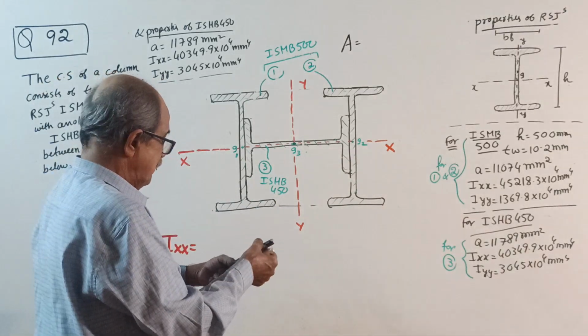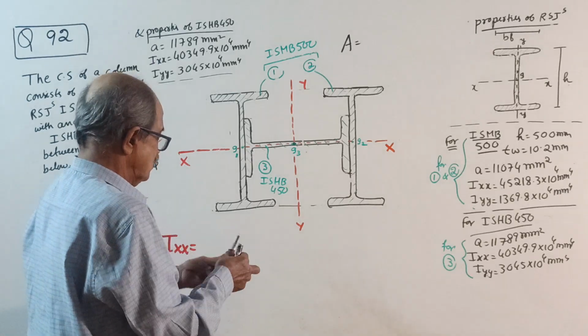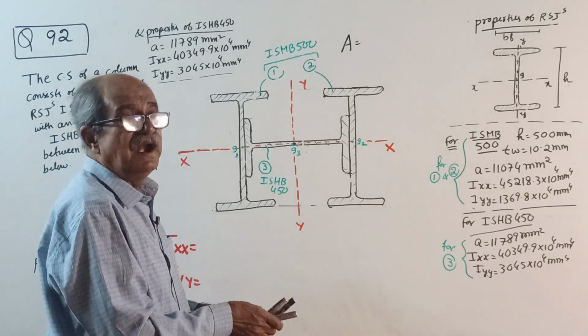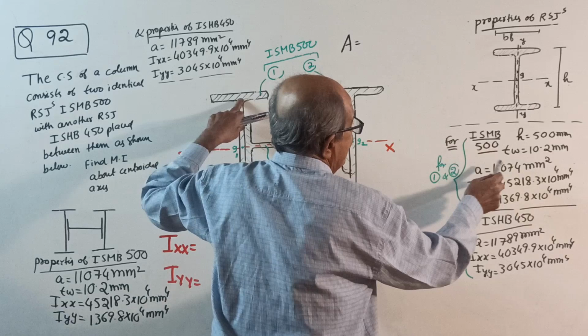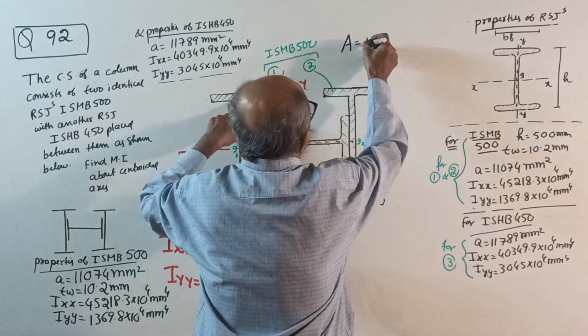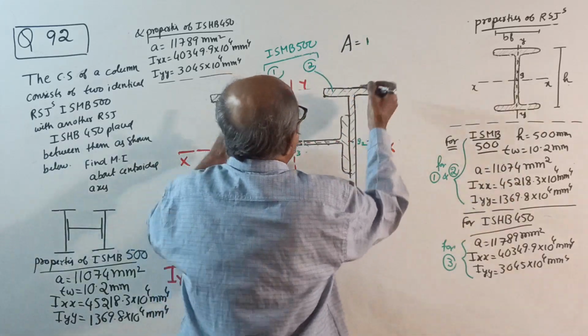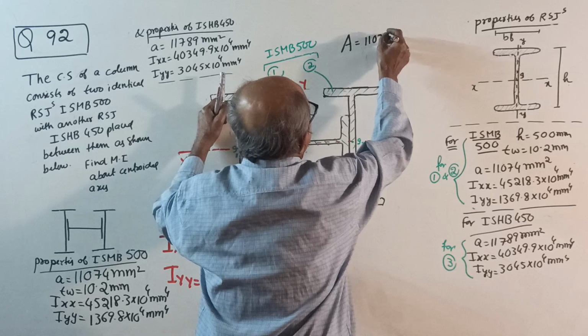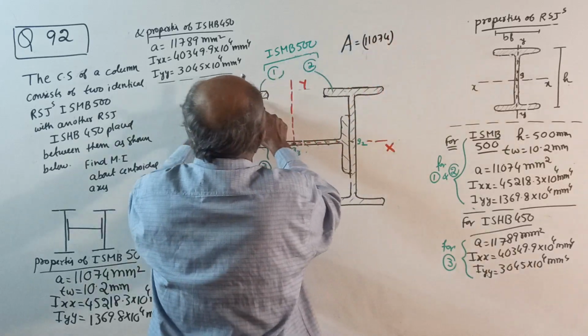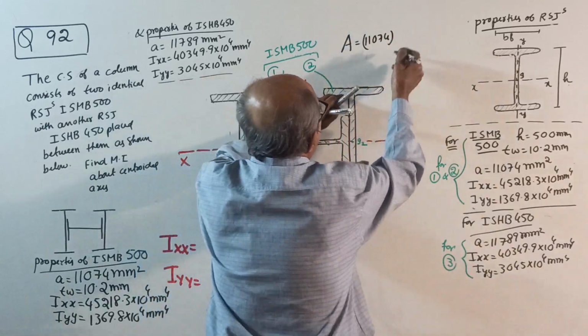Area is not a problem. Directly you can write the answer. Because why? See here. What all I dictate you write. Area for 1 is 11074, you should write correctly. 11074 is the area for 1. Same area for 2.